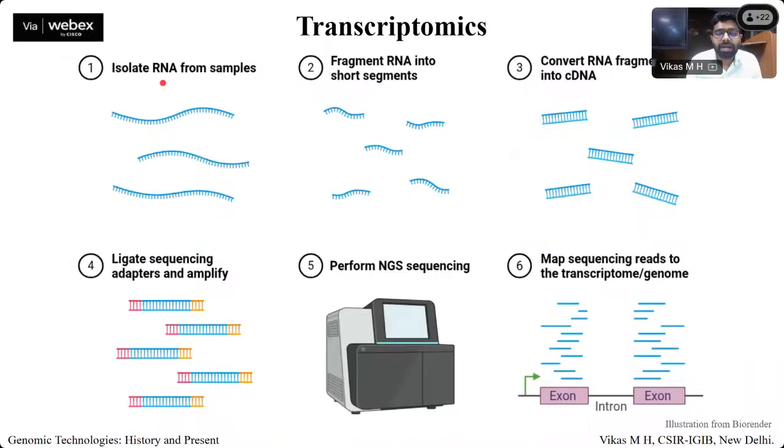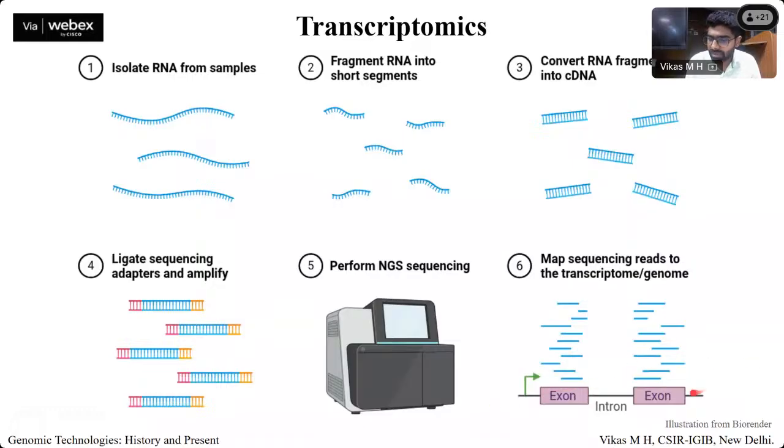Once you isolate the RNA from any of the samples, you fragment it into smaller pieces and then convert it back to DNA. This is called cDNA, and this can be achieved through reverse transcription. We have RT-PCR techniques which have been optimized over a lot of experiments, and you can use these to make the cDNA, which is then used for making DNA libraries, and then you can sequence them to get the map of the transcriptome.